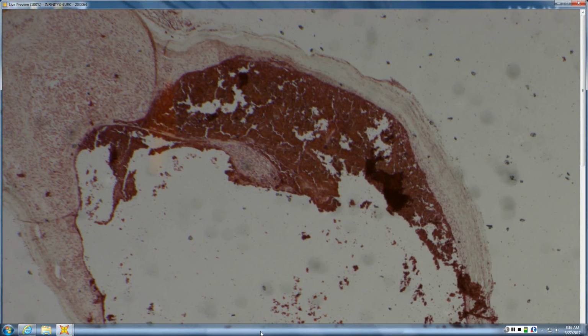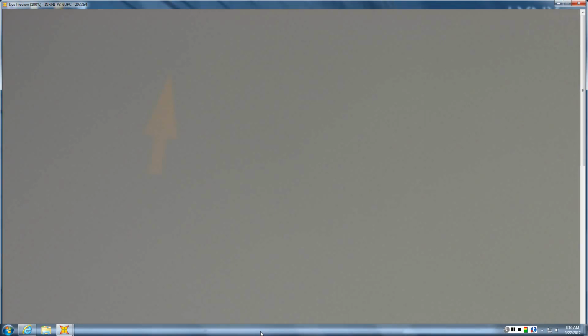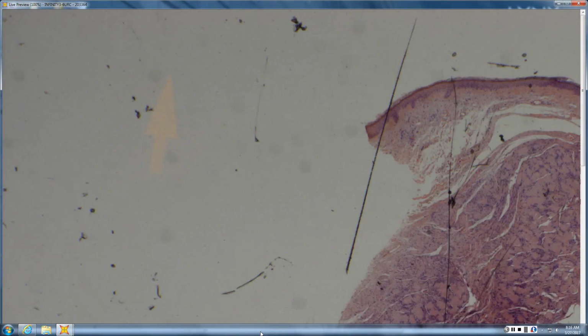Anything neural that could be encapsulated, round to oval, with subcapsular edema? A little schwannoma. Can schwannomas be aneurysmal and bloody? I hope so. Yes, they absolutely can.